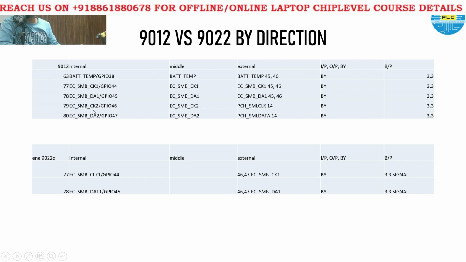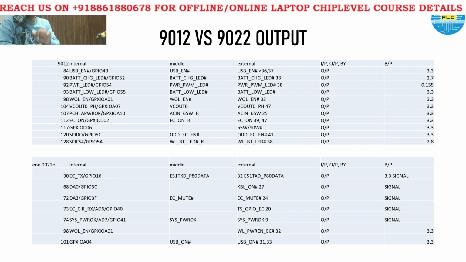Here the touchpad also, I think, SMB clock 2, maybe the touchpad. So now you know the supply, the input side, and the bidirectional path. Now it's the output: what output this IO will give once it receives all the inputs, bidirectional signals and supplies.